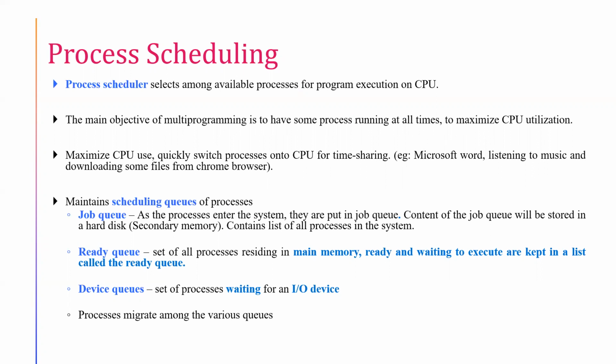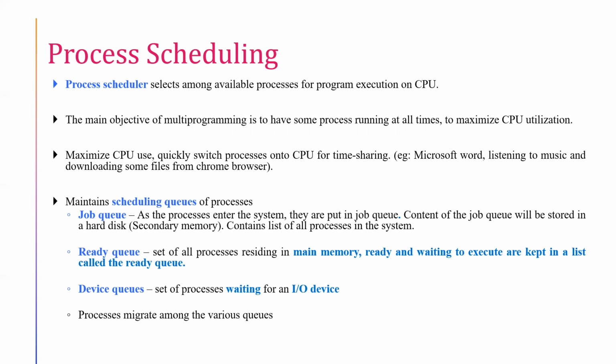For example, we will be using Microsoft Word, at the same time listening to music, and at the same time downloading some files from the browser and so on. So everything can run concurrently and all these things can be done simultaneously. So this will maximize your CPU utilization.